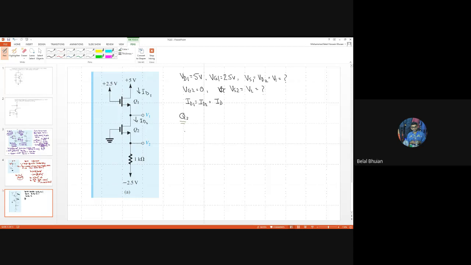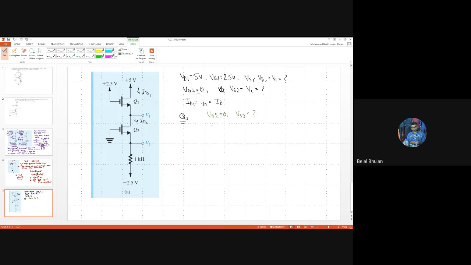In that case, we only know VG2, which is 0, but we don't know VS2. But we can check whether we have a channel induced, because the gate terminal is connected to ground, but the source terminal is connected to negative voltage.